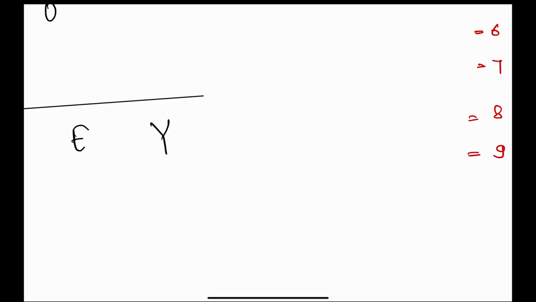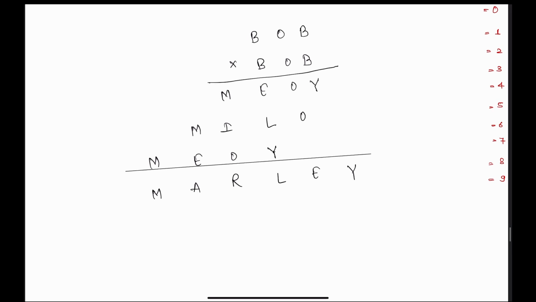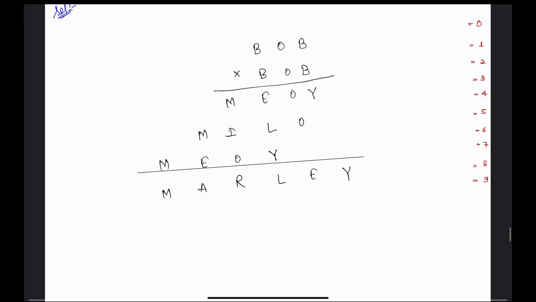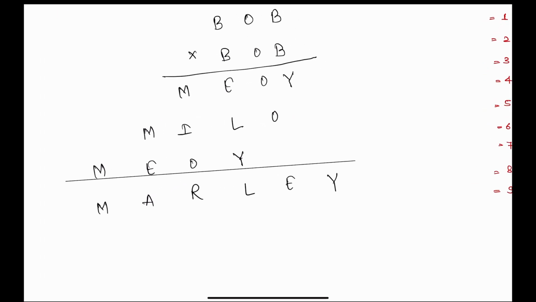So yeah, done. Question could be anything, like anyone can ask, B plus O, or tell me M plus O plus Y. So we need to find all the values. Once the question arrives, how should we approach it, what should be our first step?